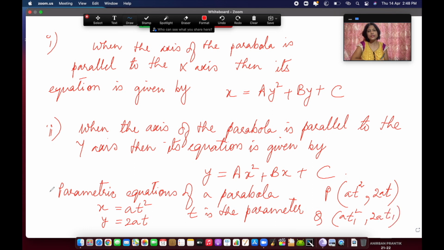So this parametric form of a parabola is very important for solving certain relations. Now if P and Q are 2 points, suppose, where P has coordinates (at1 square, 2at1) and Q has coordinates (at2 square, 2at2), then the relation t1 into t2 equals -1 holds.